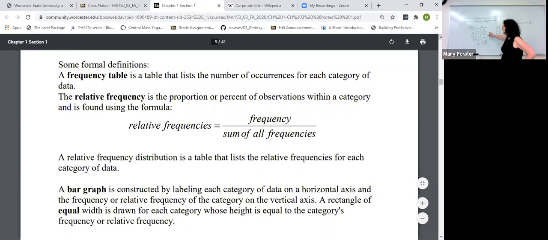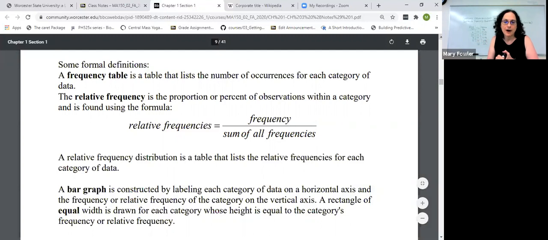So the relative frequency for blood type A was the frequency of blood type A, 53, divided by the sum of all the frequencies, which was 150. So we have 35.3%, which is 53 over 150. And let's go ahead and see what else we have to go through in terms of formal definitions.